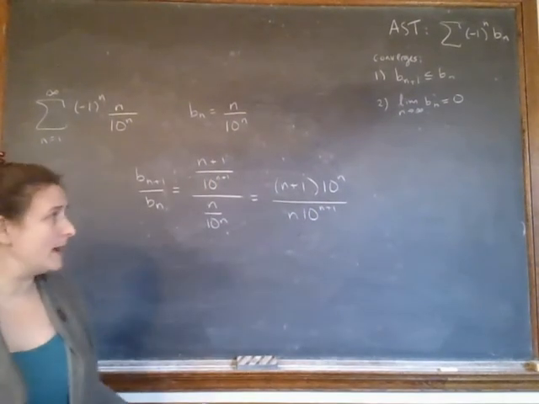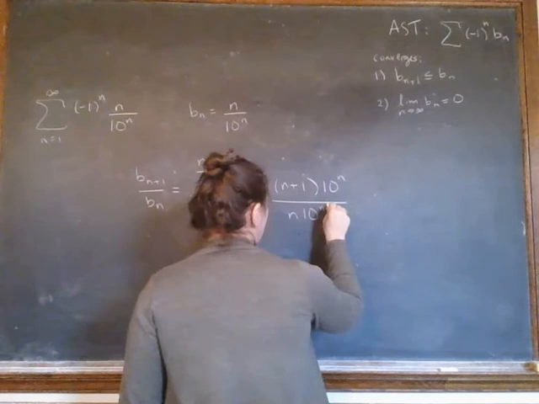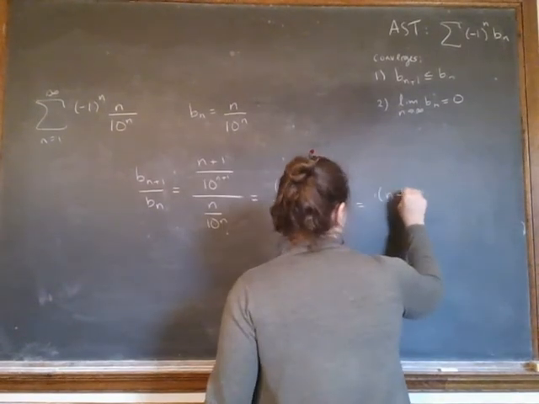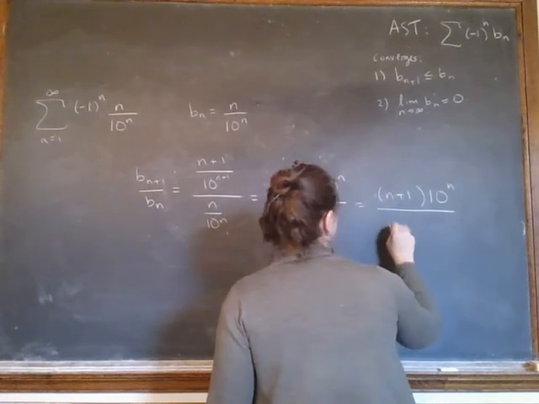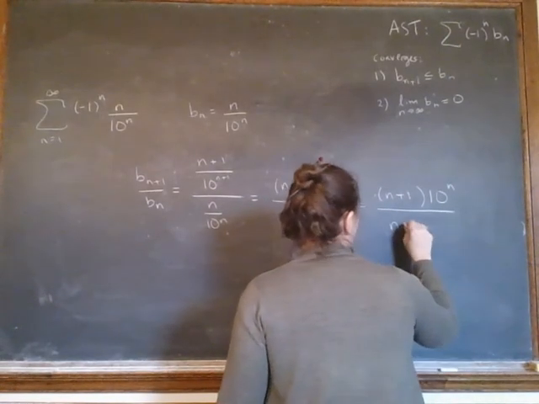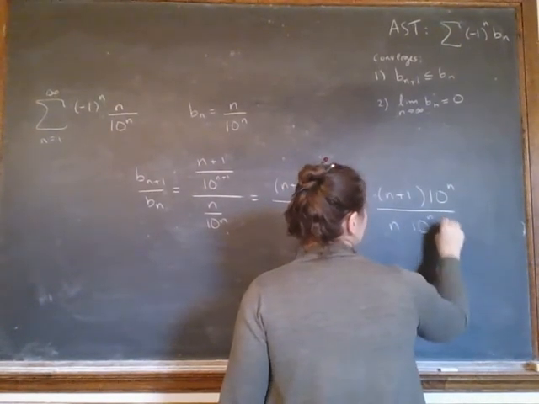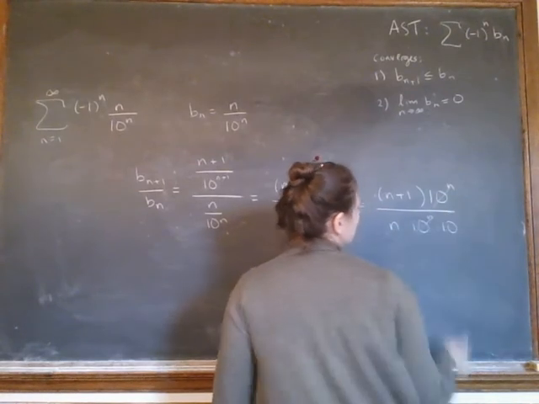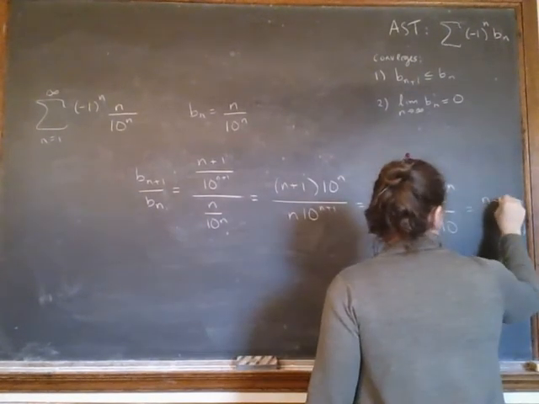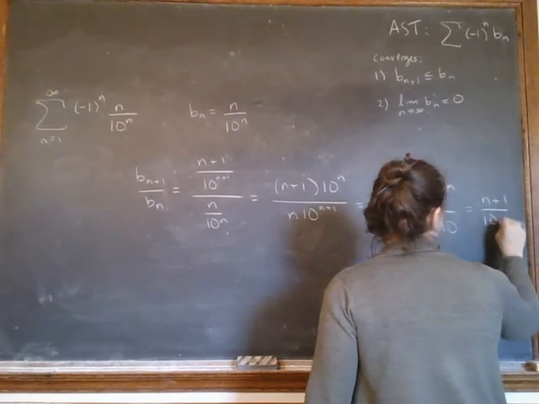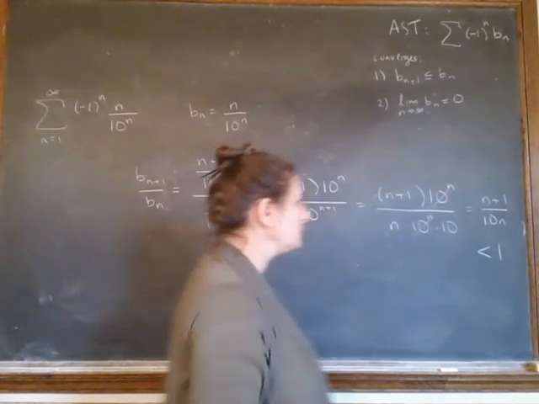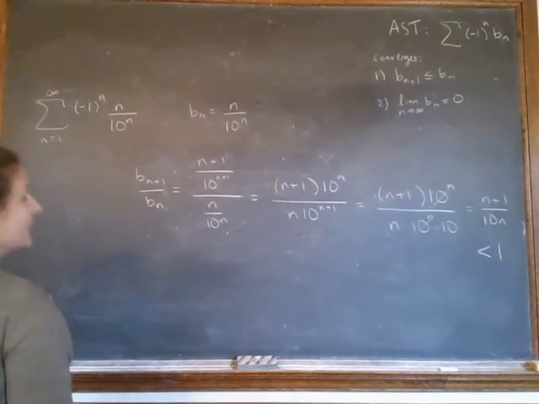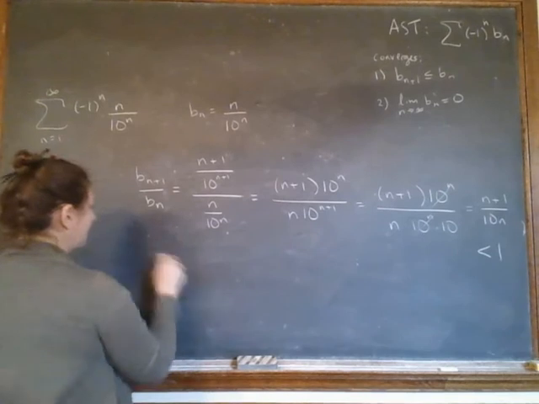Well, remember, 10 to the n plus 1, and I'm going to write this out because we'll be using this a lot in the next 2 weeks, is just 10 to the n times 10. So the 10 to the n's cancel out. I have n plus 1 over 10n. Well, that is definitely less than 1. So yes, this shows that b_n is decreasing.